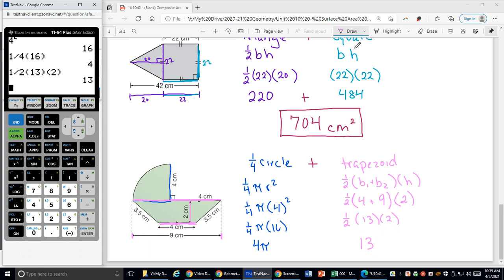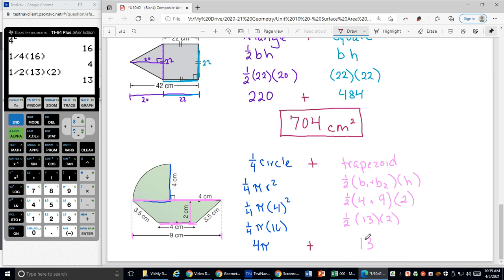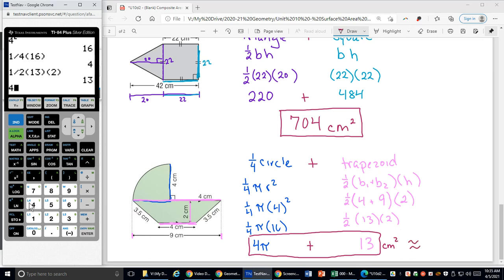Okay. Now, when I go to add these together, I hit the bottom of the page. I can't scroll. I ran out of room. When I add these together, one has a pi, one doesn't. So this is my rounded answer. 4 pi plus 13 square centimeters. That is approximately equal to, if I put that in the calculator, 4 pi plus 13, rounded to 3 places.